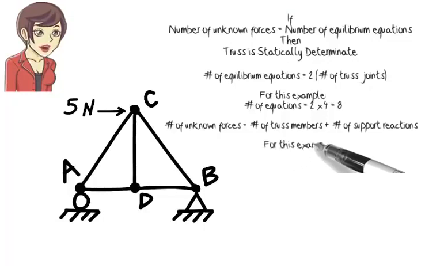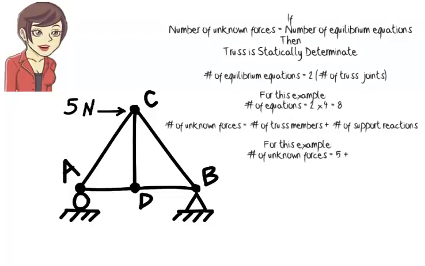So, there are 5 unknown member forces. Further, since the structure rests on a pin and a roller, there are 3 unknown reactions. The pin provides 2 reactions, and the roller has 1 reaction. Therefore, the total number of unknowns is 5 plus 3, or 8.